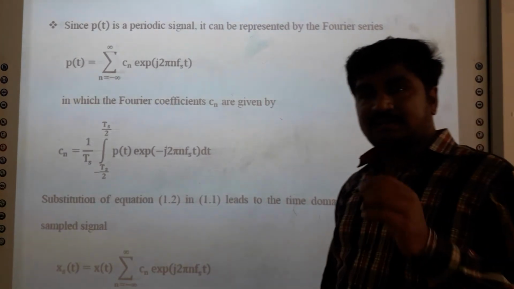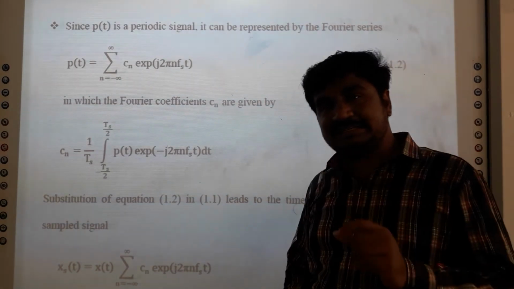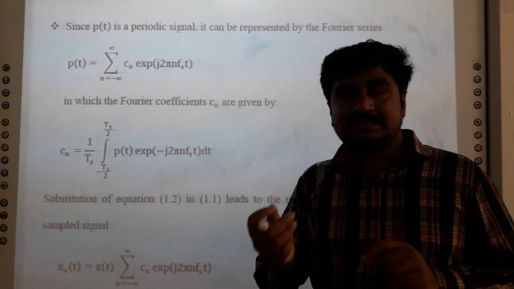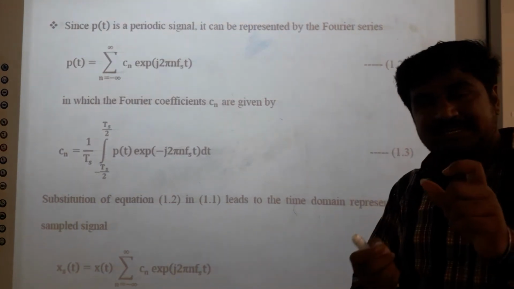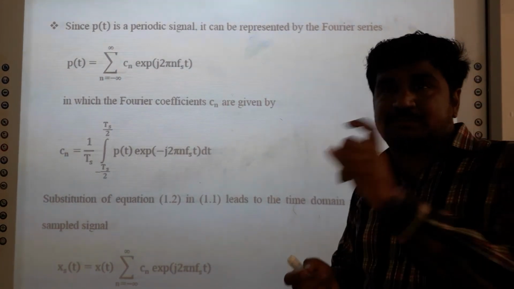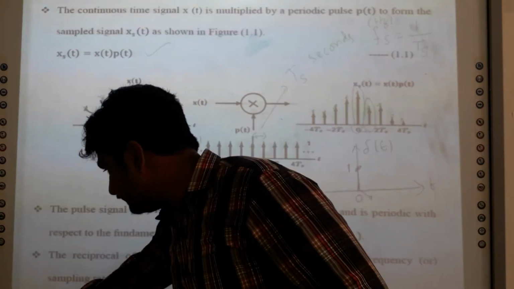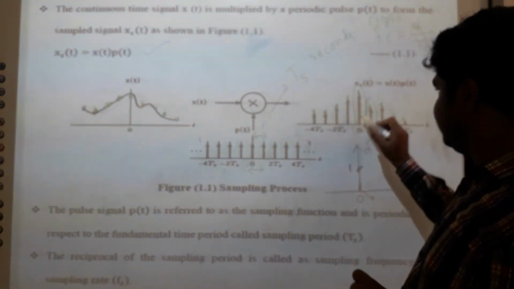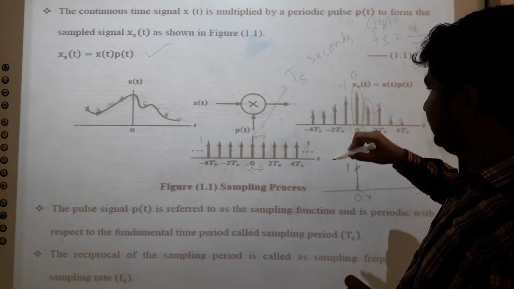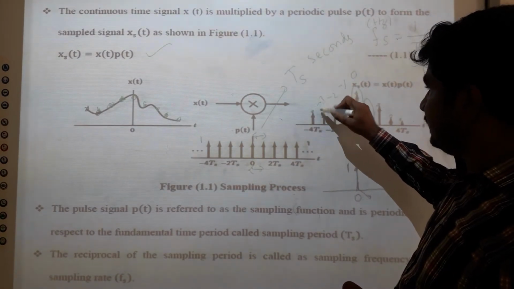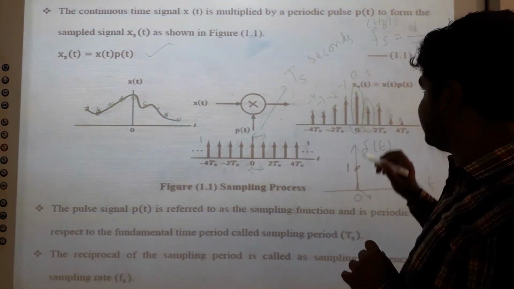The samples should be taken in such a way that the time gap between all the samples should be equal. Let me show this diagram. Let me assume this is the zeroth sample, and these are sample instants minus 1, minus 2, minus 3, minus 4, and likewise 1, 2 and so on.